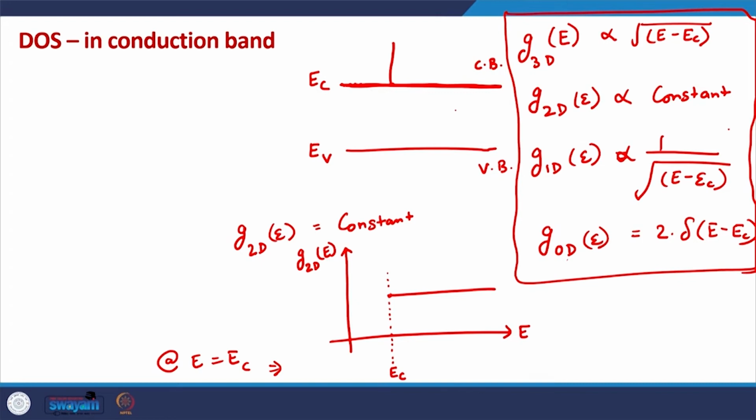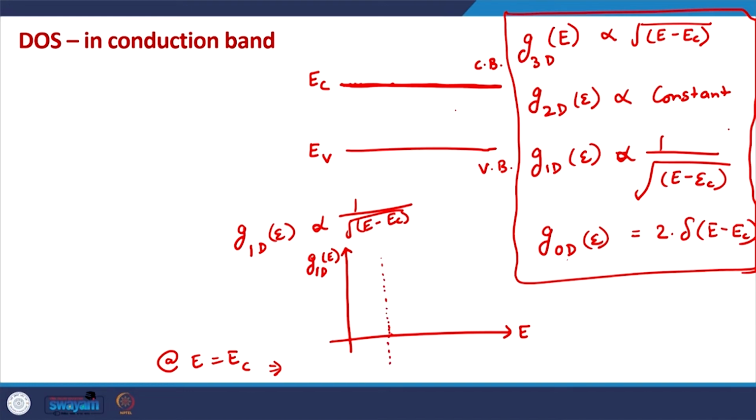In a 1D case, the density of states is actually inversely proportional to energy, and the situation is exactly opposite to the 3D case. So, in the 1D case it will be inversely proportional to the square root of E minus Ec. So, this G versus E plot for 1D solids would be like this.